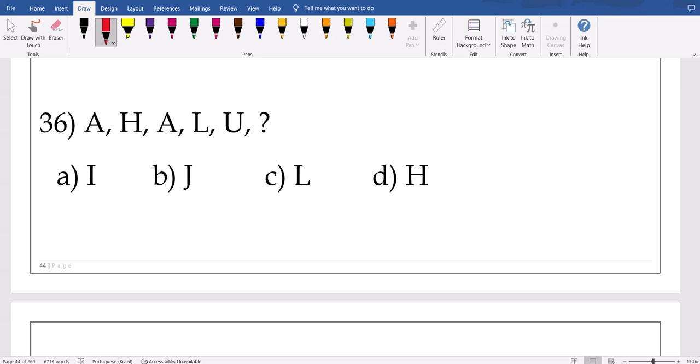So what logic? So what might be the correct answer here?